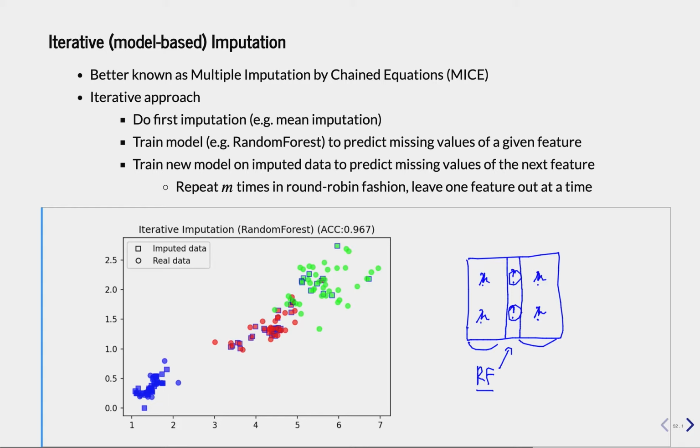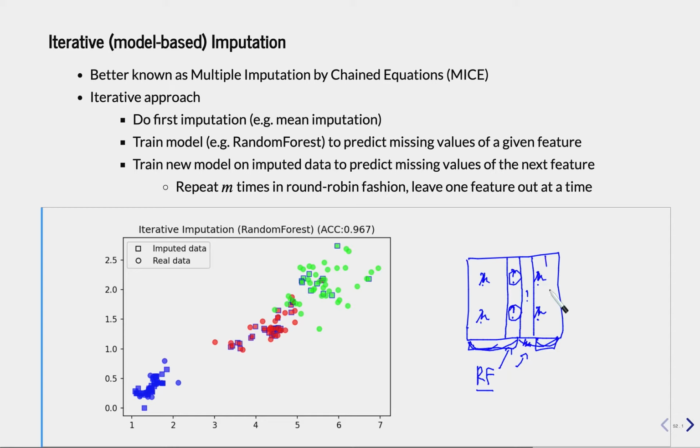Okay. Then you repeat, right? So then we look at the next column, and we train a random forest on all the other columns. Now this one is left out, right? So we train a random forest on these ones and these ones, and then we predict this column, assuming that there's a missing value there, right?